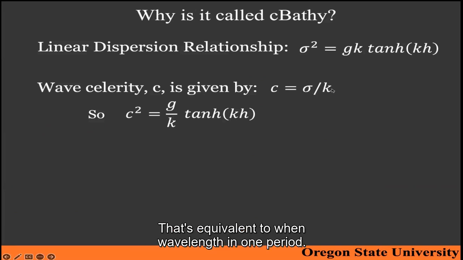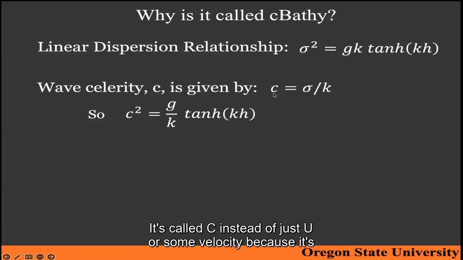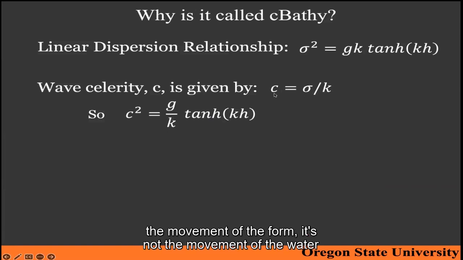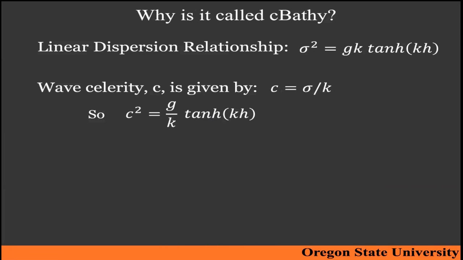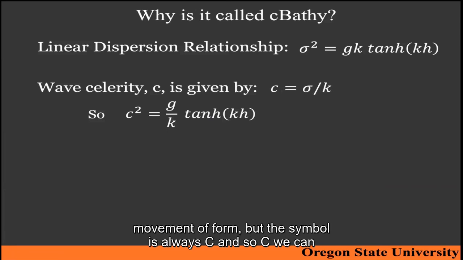That's equivalent to the wavelength in one period. It's called C instead of just U or some velocity because it's the movement of the form. It's not the movement of the water particles. And so celerity, I think, is a term that talks about movement of form. But the symbol is always C.